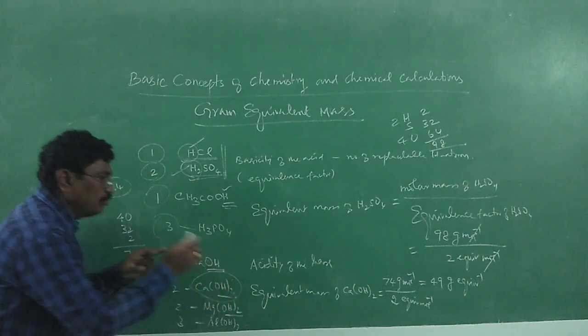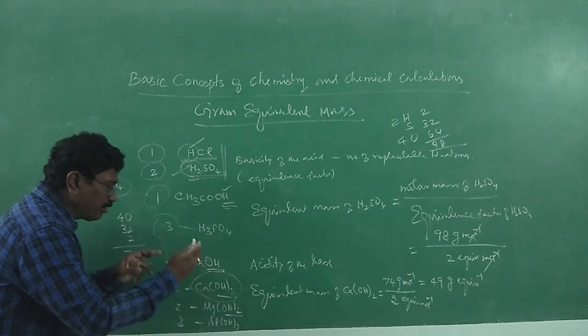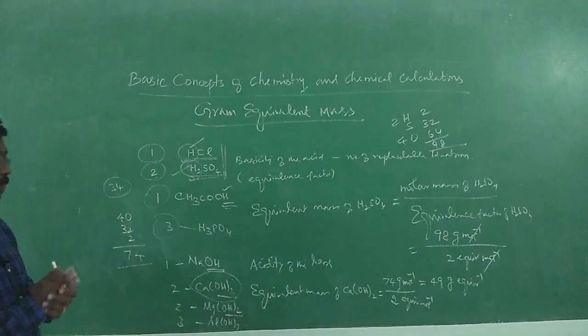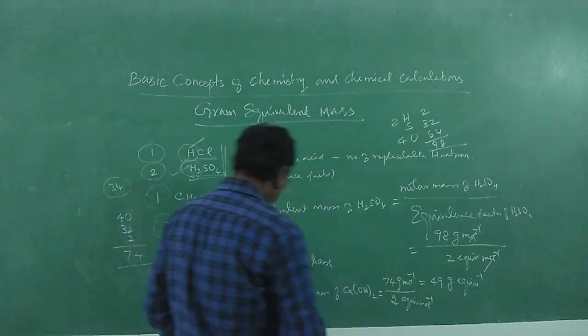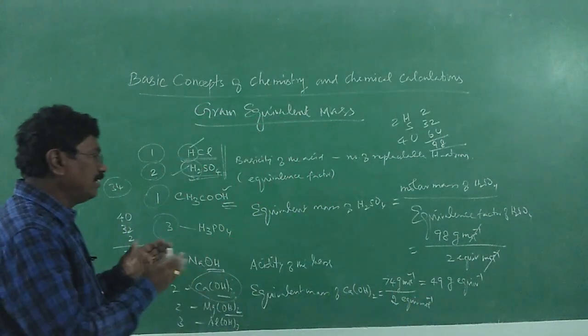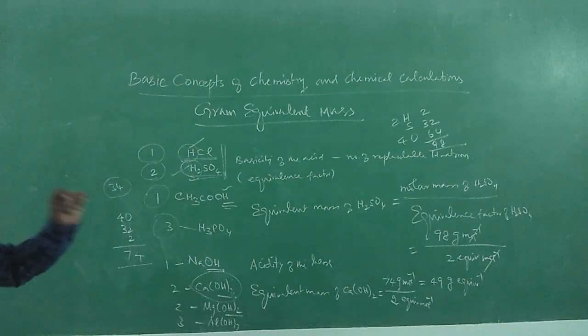The acidity of calcium hydroxide is 2, therefore the equivalence factor is 2. When it is divided, you will be getting 37 gram per equivalent. So, this is how we have to calculate equivalent mass based on the equivalence factor.